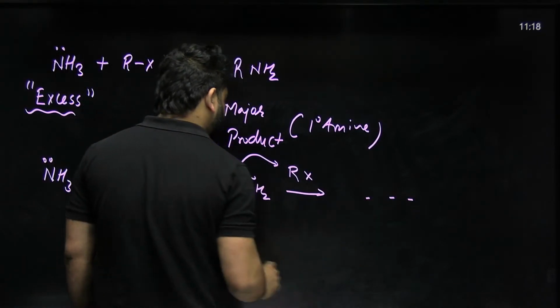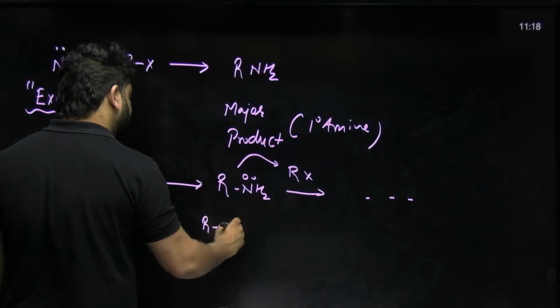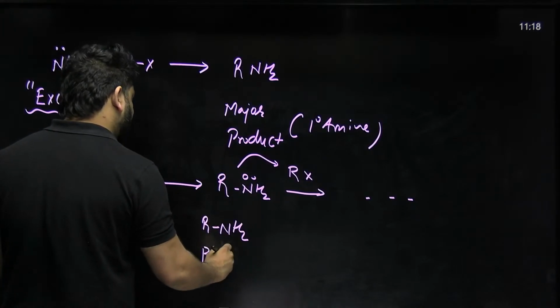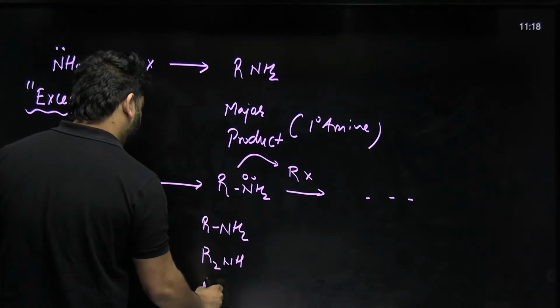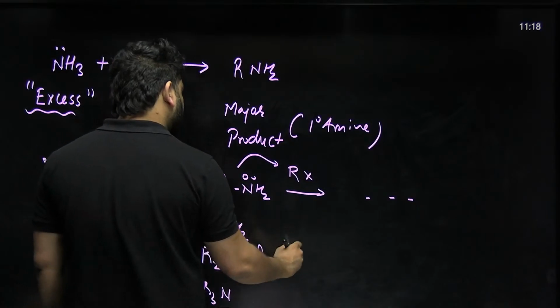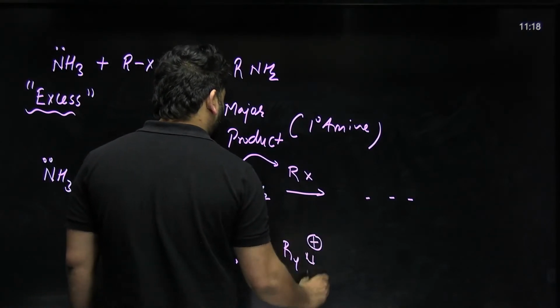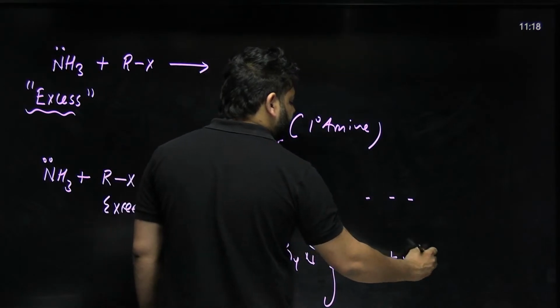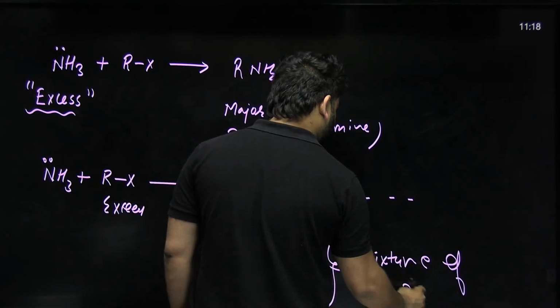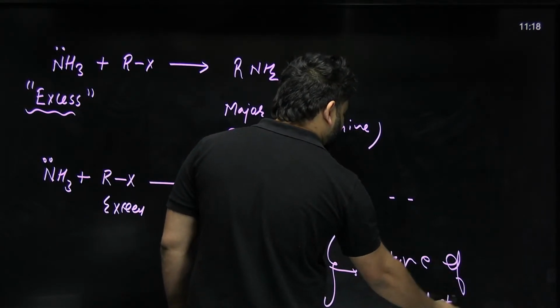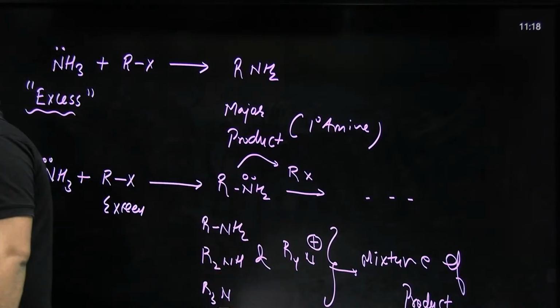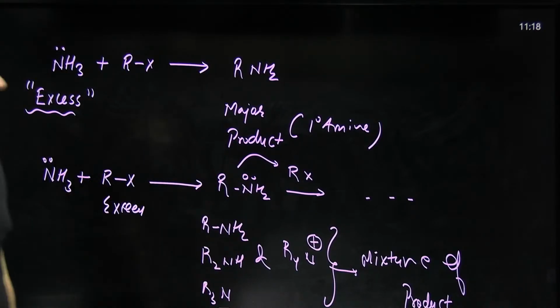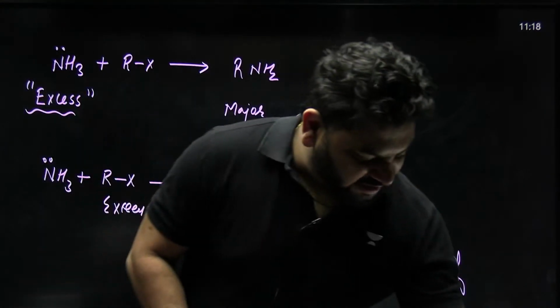So primary, secondary, tertiary and R4N positive quaternary salt will be the mixture of products you will be getting. Not a single product you will be getting in major. A single product can be yielded when ammonia is taken in excess.